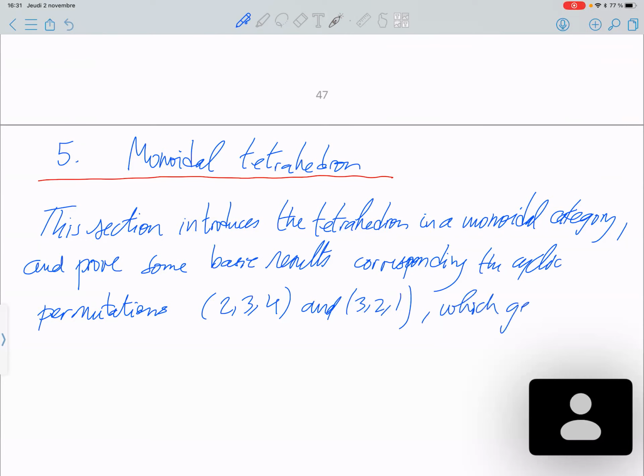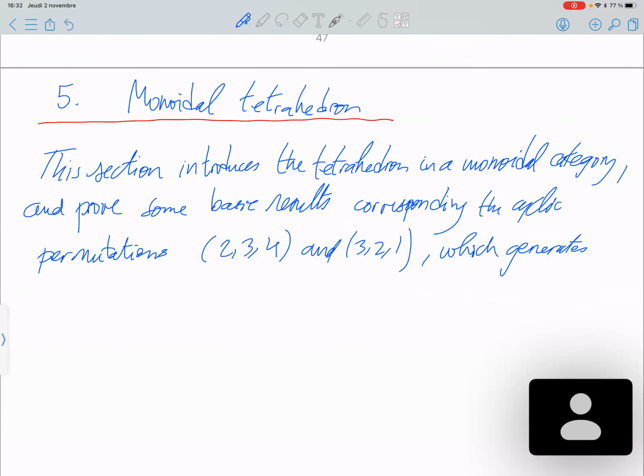which generate the symmetric group. Generate the symmetric group of the usual tetrahedron.